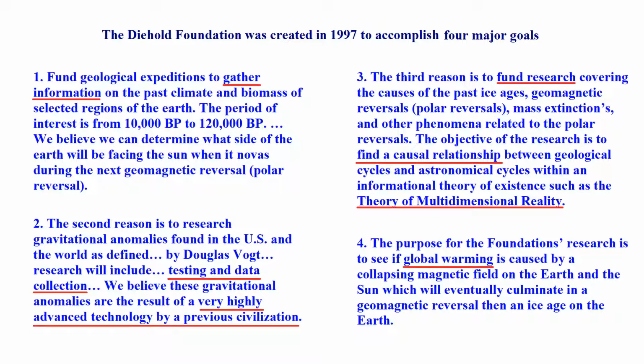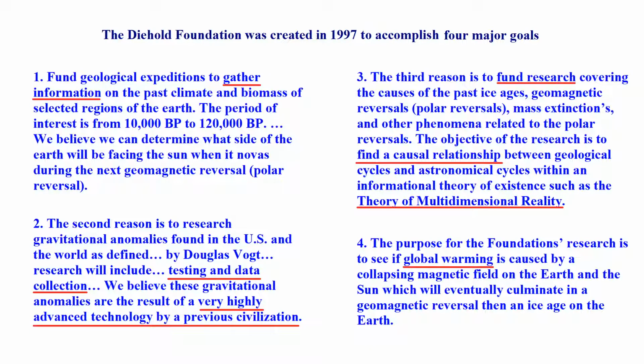The first one is to gather information. He wants to fund geological expeditions in order to gather information on the past climate and biomass of selected regions of the Earth. The period of interest is from 10,000 before the present to 120,000 before the present.